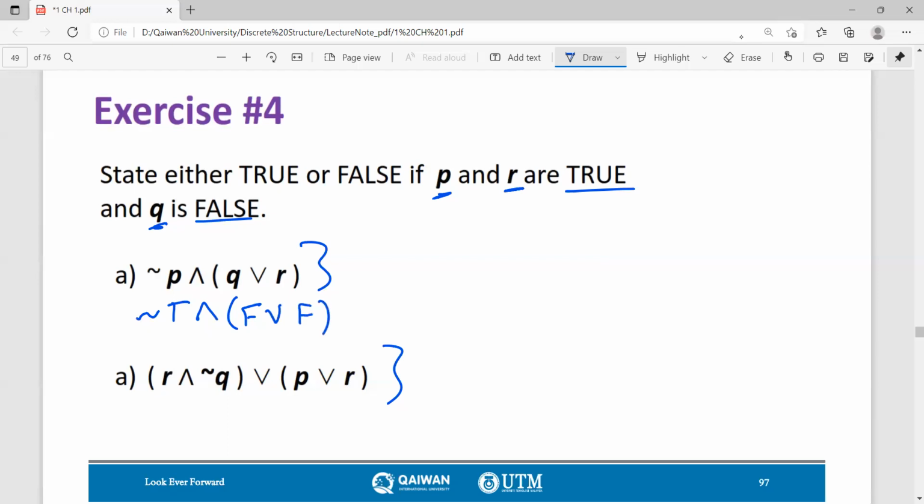Let's see what's the result. The result is either true or false. First, we must take the negation of true. Negation of true is false, and in this bracket we have false or true. R is true. False or true is true because at least one of them is true.